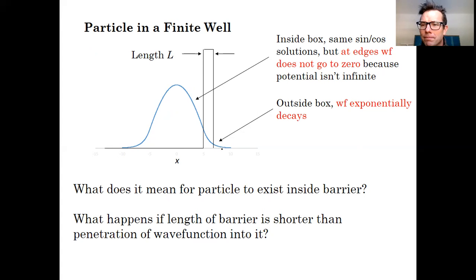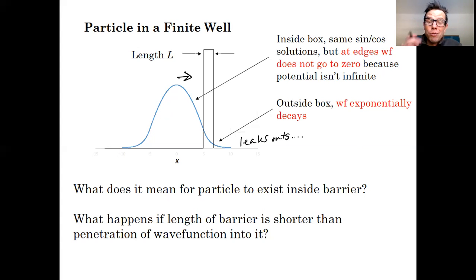What will happen? I'm going to post some videos that you can check out, but what you might imagine would start to happen is that if the wave function were heading this way and it impinged on the barrier, it leaks out.